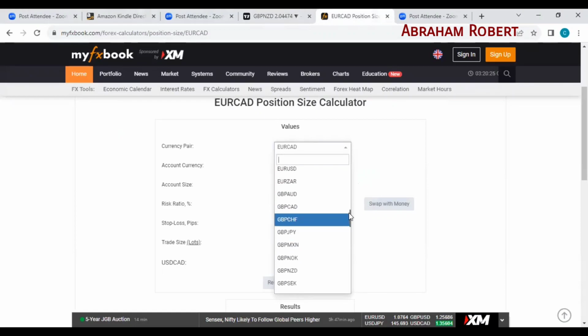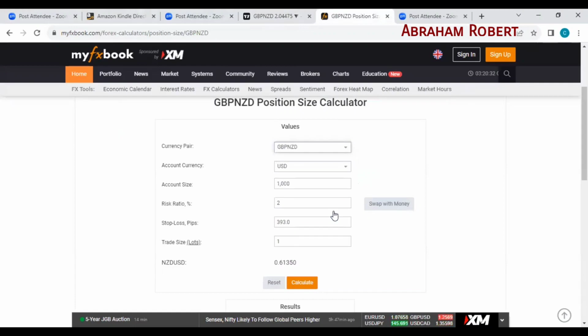Please, if you use the wrong pair, you might not get an accurate result, so it must be the right pair. Now, our account is USD. If your account is CAD or GBP or Euro, you can use it, but for the sake of this lecture, let's leave it at USD.